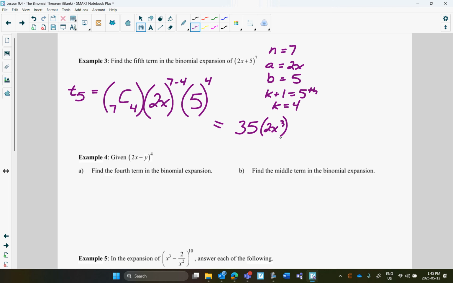You've got to be careful with that. Okay. And then, well, 5 to the fourth is going to be a number, isn't it? So 5 to the fourth actually gives us 625.